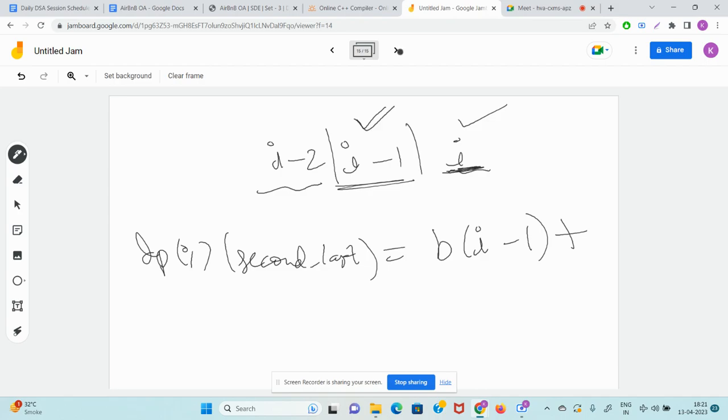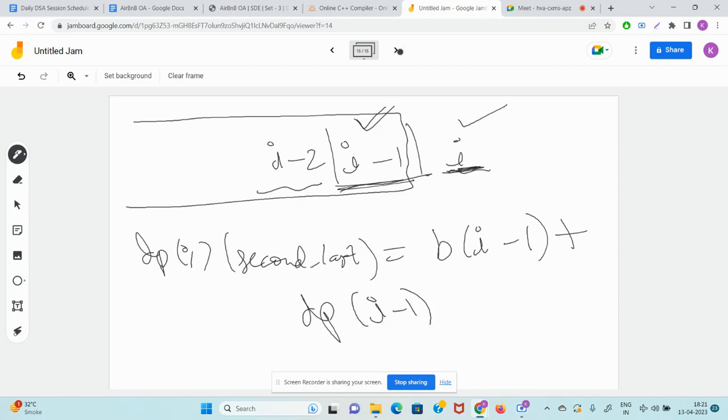Now just B of I minus 1 is not sufficient. You already know what was the best answer from 0 index till I minus 1 index. What was that answer? That answer was dp of I minus 1 last, which means you first pick this guy, then you pick the next guy.